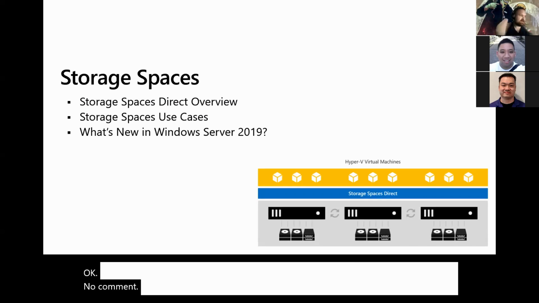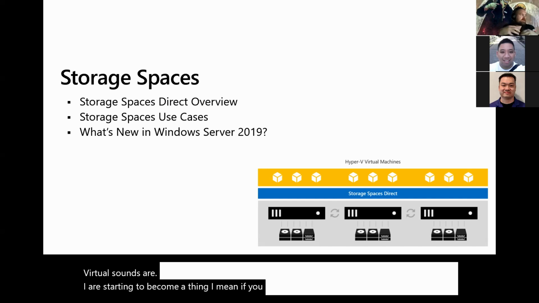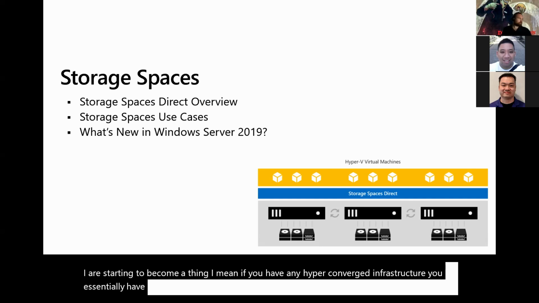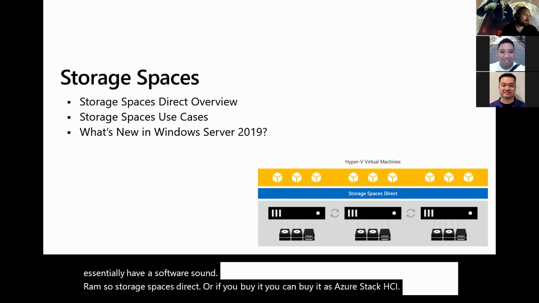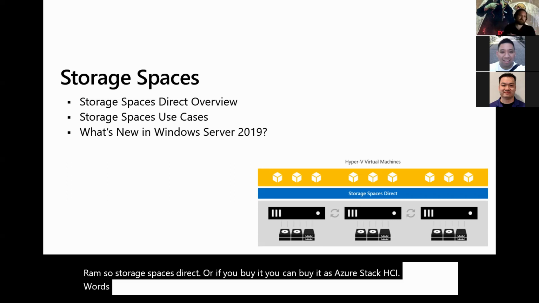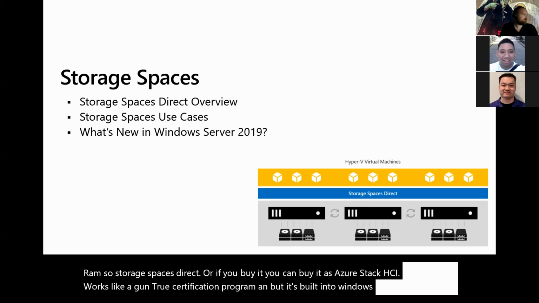Virtual SANs are starting to become a thing. If you have any hyper-converged infrastructure, you essentially have a software SAN. So Storage Spaces Direct, or if you buy it, you can buy it as Azure Stack HCI, where it's gone through a certification program, but it's built into Windows as a regular feature.